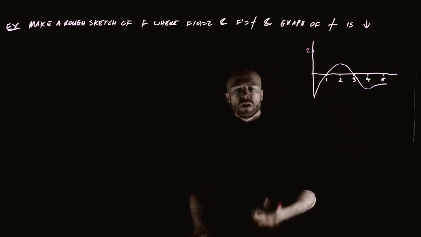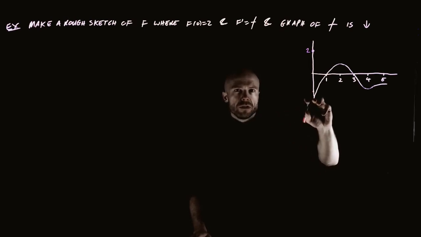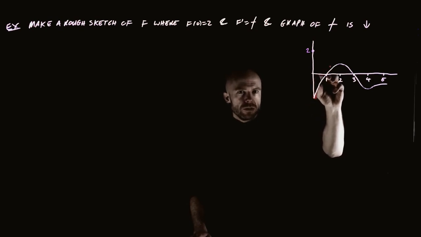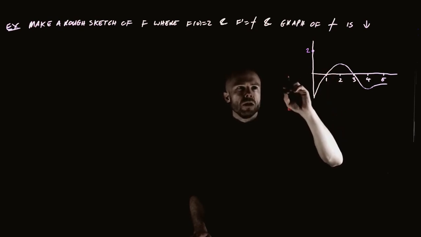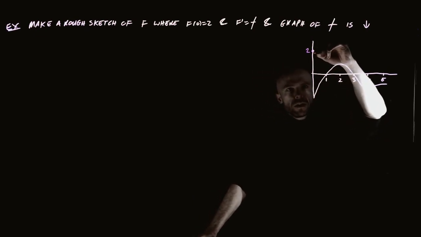Yeah. So since it's the graph of capital F prime, we know that initially the derivative is negative, right? And then as we go along, it is less and less negative until it hits 1, and then it is 0, and then it starts to be positive. So we start from 2, and since the derivative is negative, we have a decreasing function.